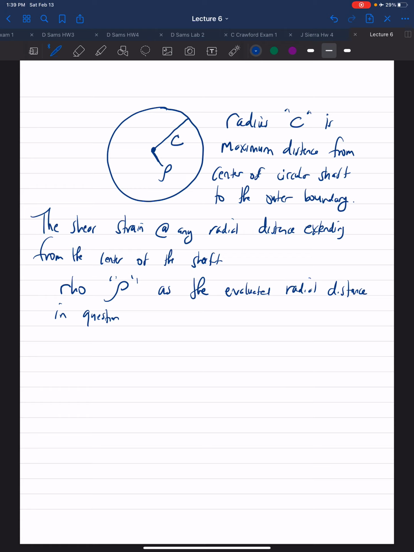So by inspection, maximum rho is this radius, C. And like we said, your maximum shear strain is at the outer boundary and is 0 at the center.